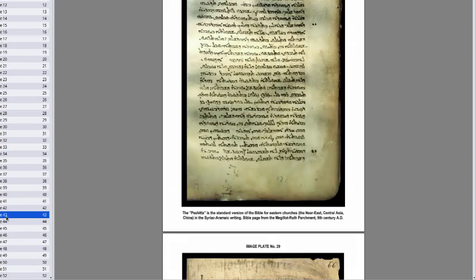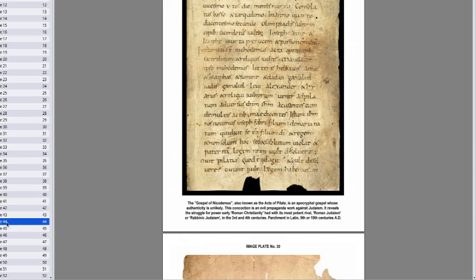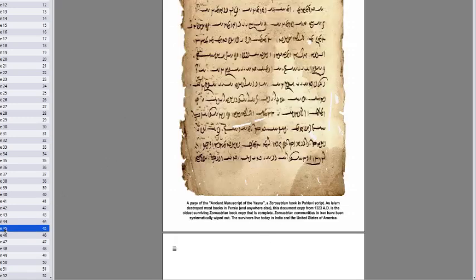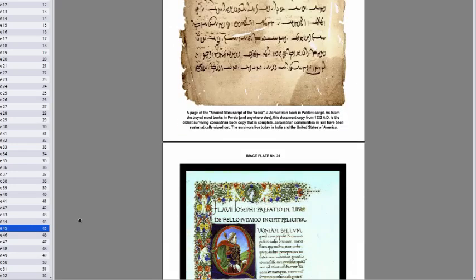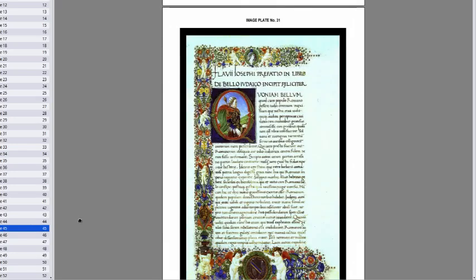The Peshitta is the standard version of the Bible for Eastern churches, the Near East, Central Asia, China, and the Syriac Aramaic writing. Bible page from the Megillot Ruth parchment, 9th century AD. Gospel of Nicodemus, also known as the Acts of Pilate. Looks like it's starting to go into the Latin there.